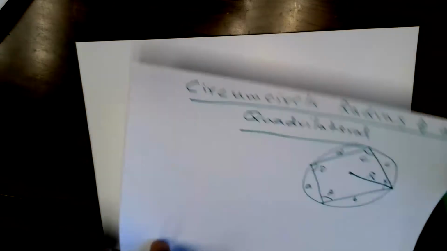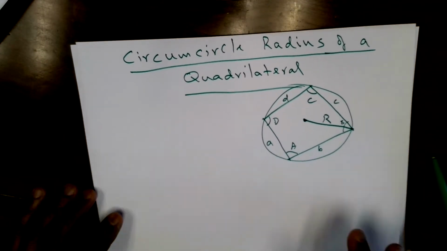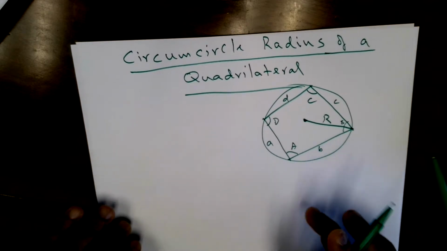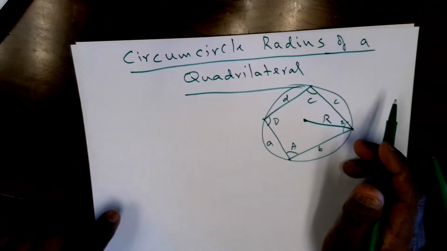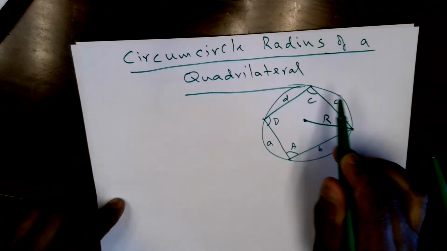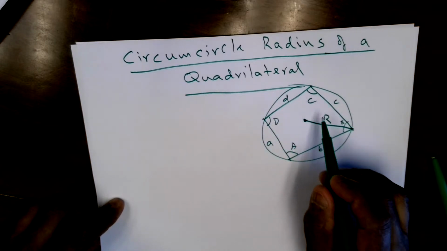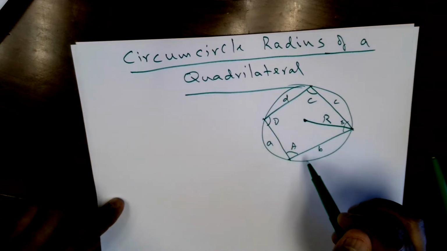So let me go to a quadrilateral. In fact, these are special quadrilaterals because you can inscribe a circle or circumscribe a circle. So they are called cyclic quadrilaterals. In other words, there is a circle which touches all the four corners.